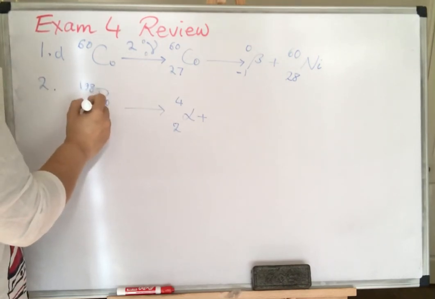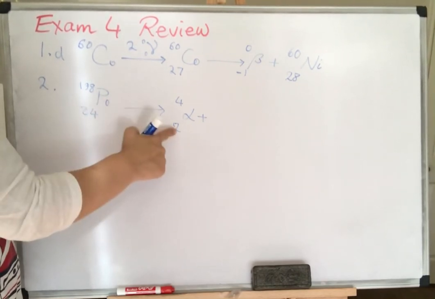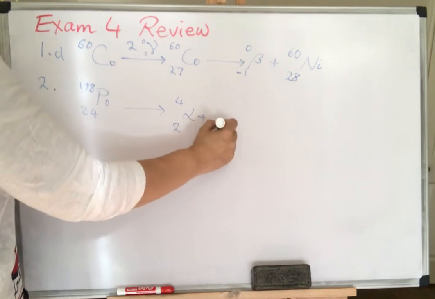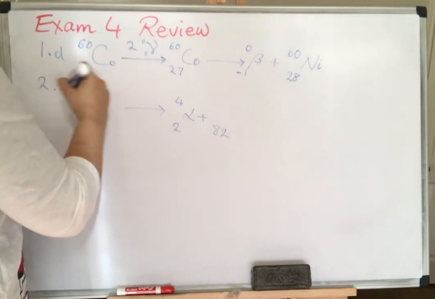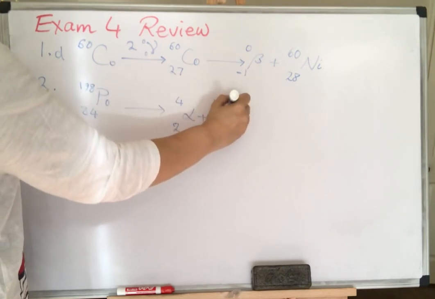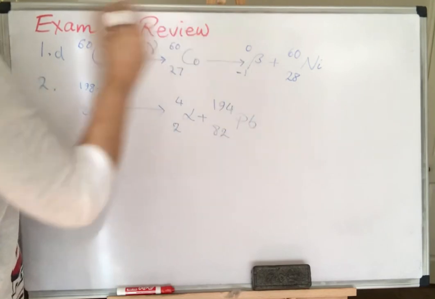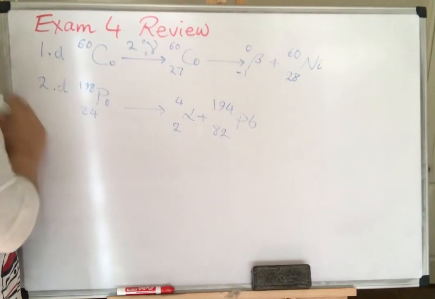Polonium has 84 protons. So what should be added to 2 to make it 84? 82, and here 198 minus 4 is 194, and it's the characteristic for Pb. So again, D will be the correct answer.